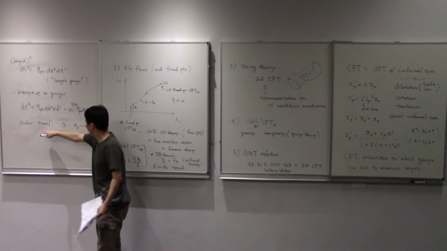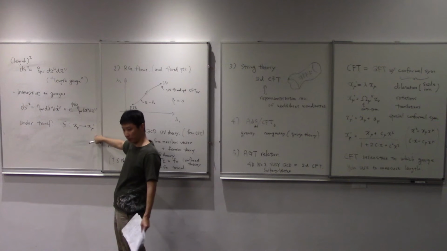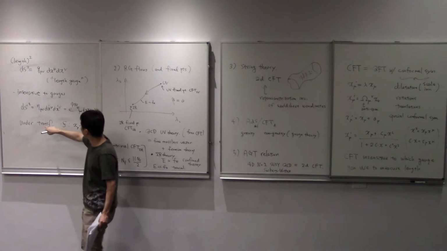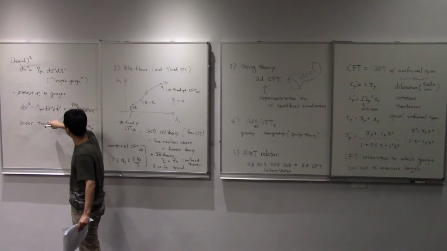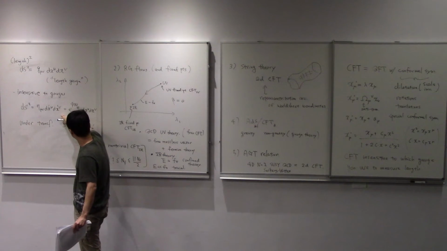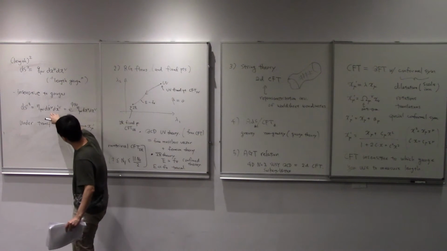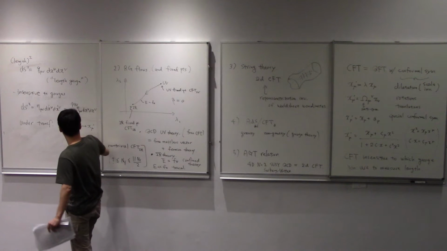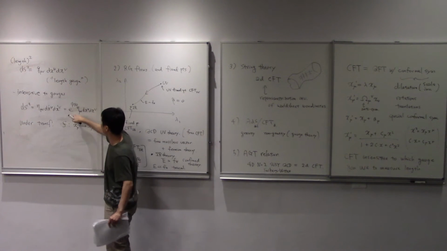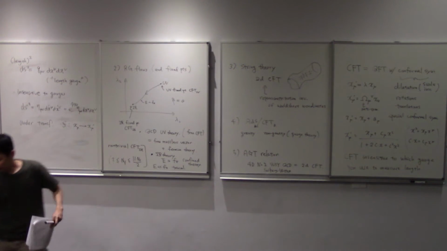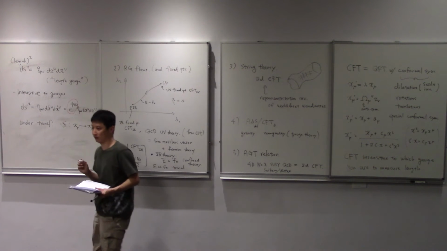And then you do this transformation from x to x prime. And what I mean by insensitive to gauges is, in this new coordinate, the gauge is related to the original one by this factor. So you only have this factor.